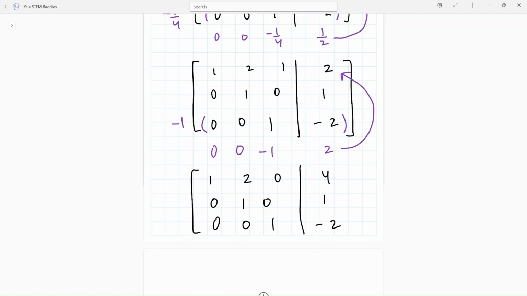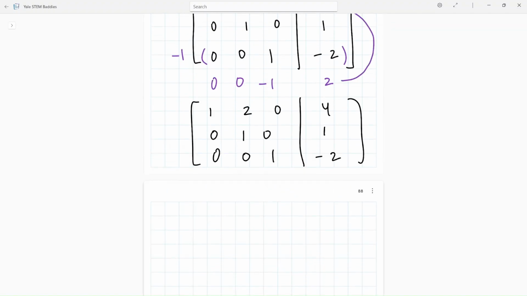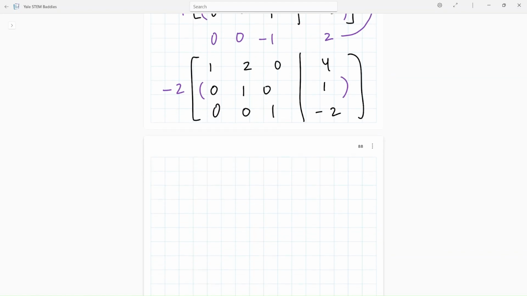All right. And now our last step to put this into reduced row echelon form is we want to use this middle one to zero out everything above it. So we now want to zero out this 2. So we want to multiply this middle row, or scale it, by negative 2. And if we do that, that gives us 0, negative 2, 0, negative 2.